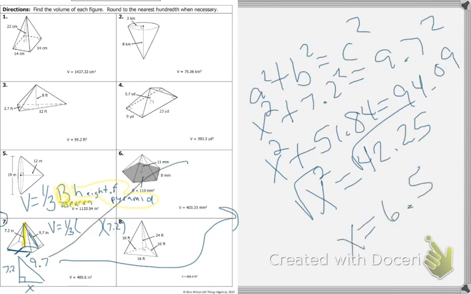So this piece right here is 6.5, which means that piece right there is also 6.5. So the whole thing ends up being 13. Every single side is 13.